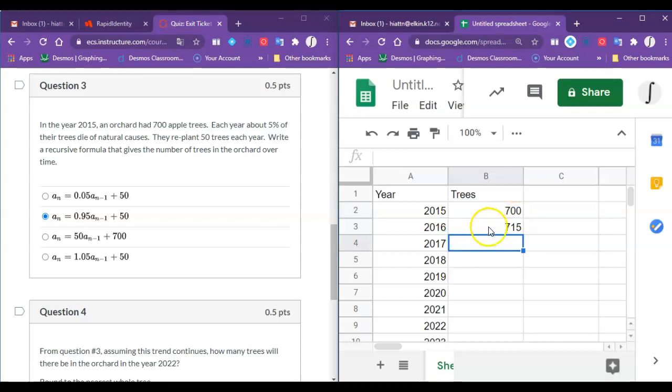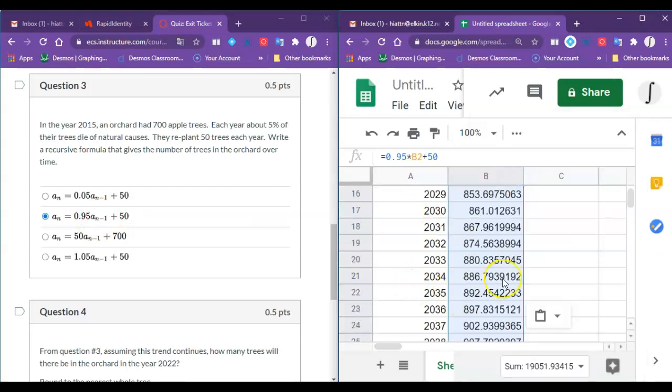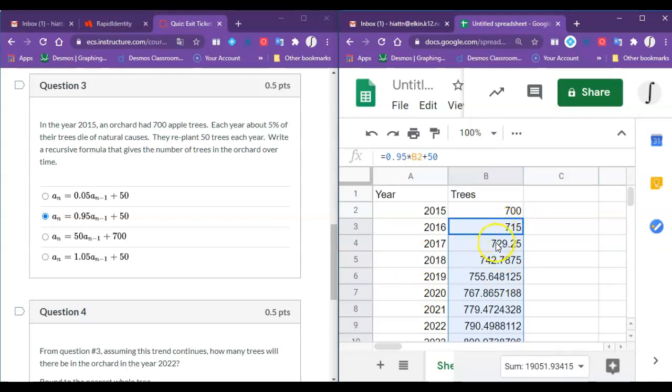And that'll give us the number of trees there. So this is our formula that we're using. See how it's the same as what we have here, except we've got B2 instead of a sub n minus 1. And so if I copy that formula, and I also paste it, then we're going to see that it figures out how many trees we have here in our orchard.